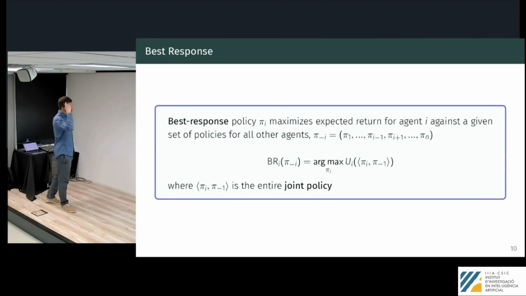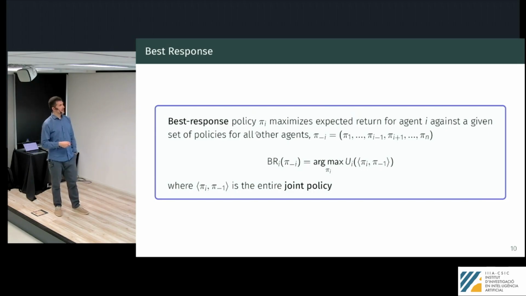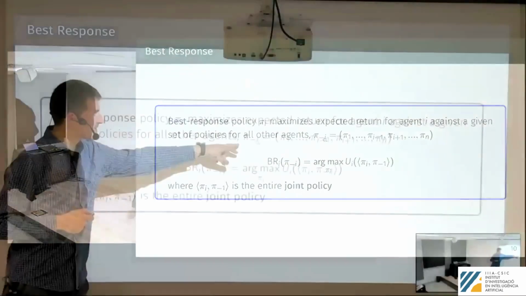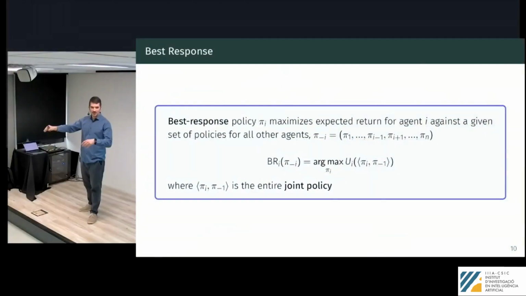Okay, so first, there's another concept that we need because it's used to define a lot of these solution concepts. It's called the best response. And that's very straightforward. A best response policy for a particular agent I simply maximizes its expected return against a particular set of policies for the other agents. You often see this notation in game theory, and we also use it: this minus I. Minus I simply means everyone except I. So you remove agent I, whatever that agent is, and then you keep everyone else.